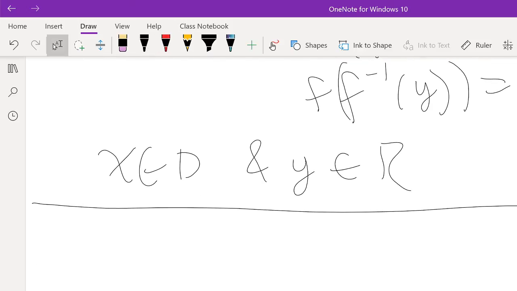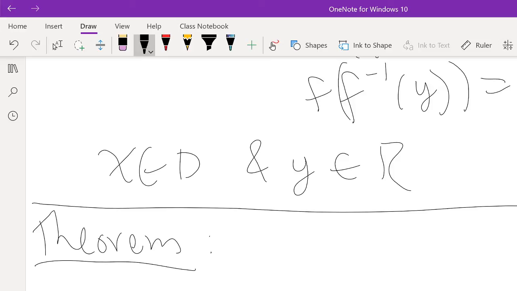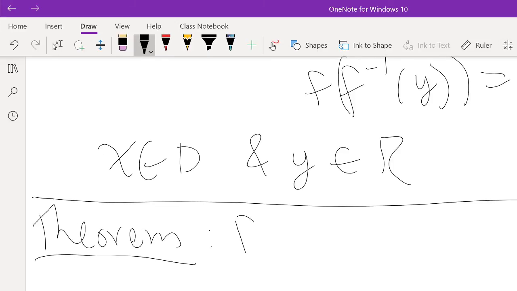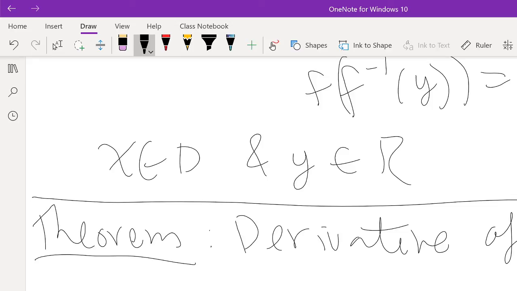We're going to introduce a theorem here, and the theorem is the derivative of the inverse function. What this theorem is going to allow us to do is to calculate the derivative of the inverse without having to actually find the inverse function.